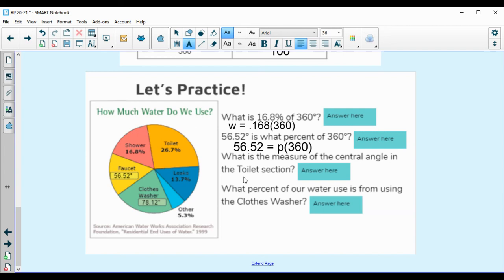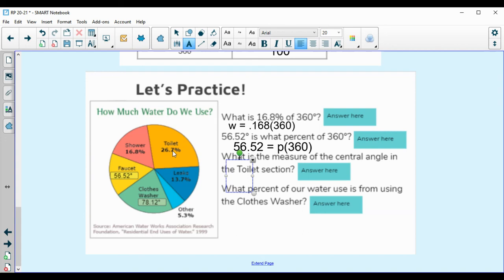So what is the measure of the central angle in the toilet section? So I'm going to find toilet. So the water use from the toilet, it's actually looking like it's the largest section, and it is 26.7%. So what I need to think about here is, how am I going to figure out from that the number of degrees that equals, because the degrees measure the central angle.